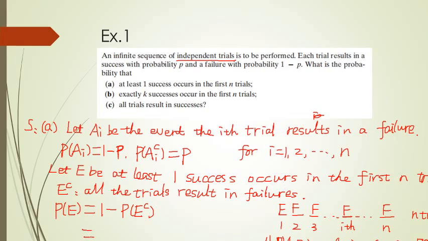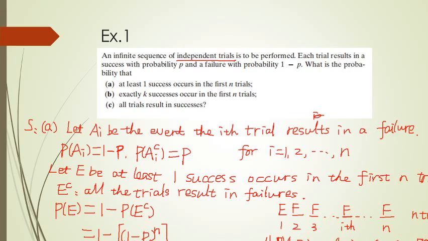So the probability for all the trials to result in a failure, each one getting a failure with probability 1 minus p, we have n of them. Of course, it should be a product, right?